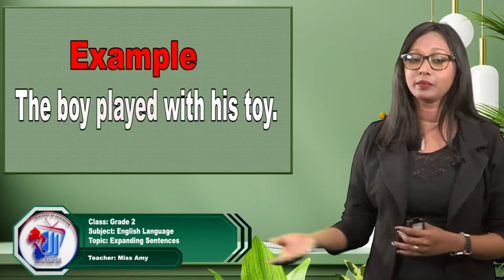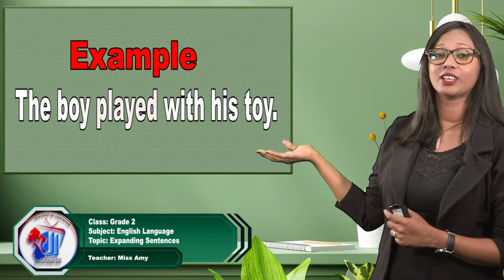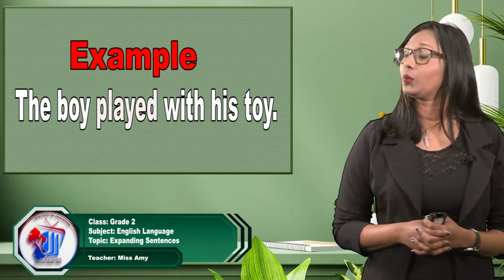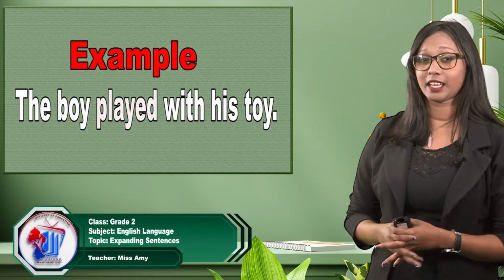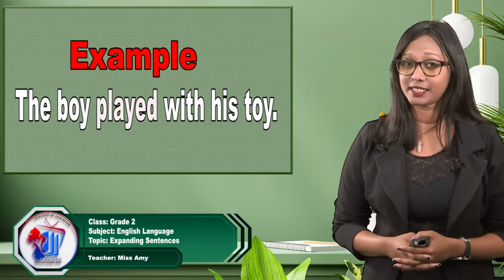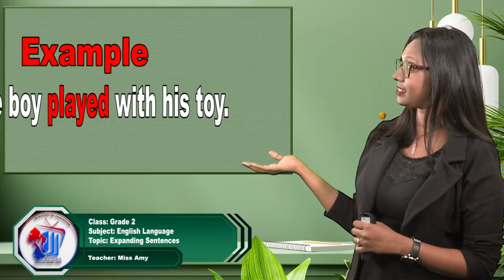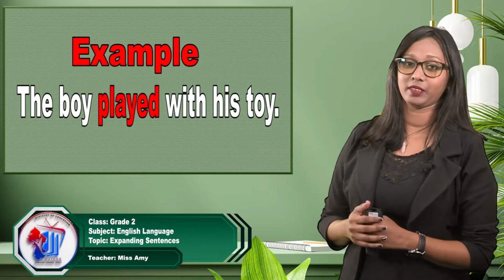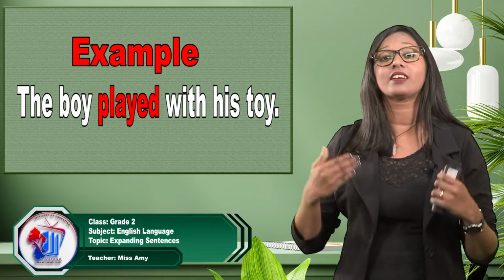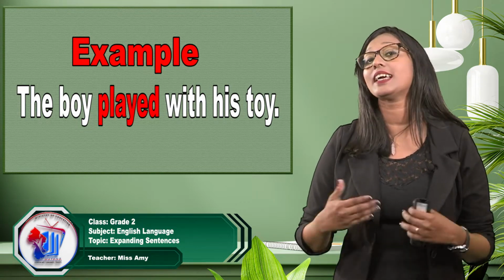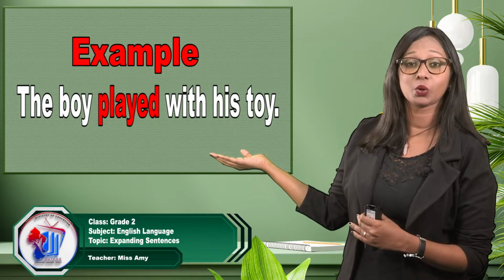For example, the boy played with his toy. So we have a verb in this sentence. Can you identify the verb in the sentence? The verb in this sentence is played. Now we can add a word that will tell us how the boy played with the toy.